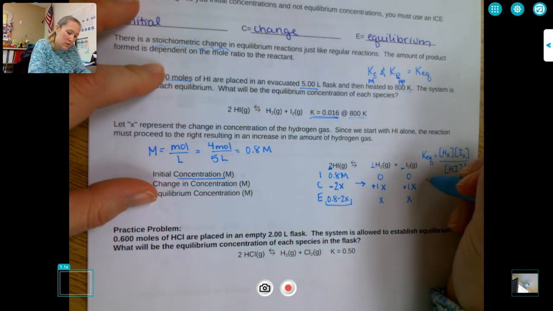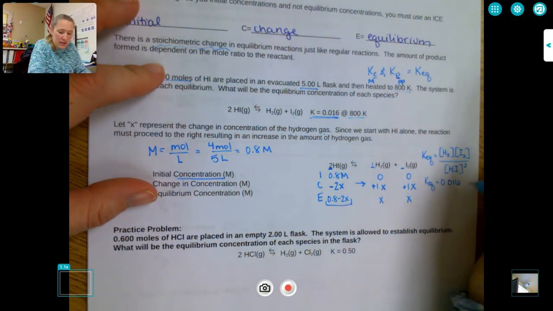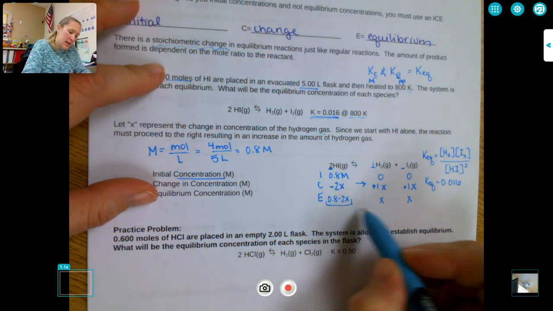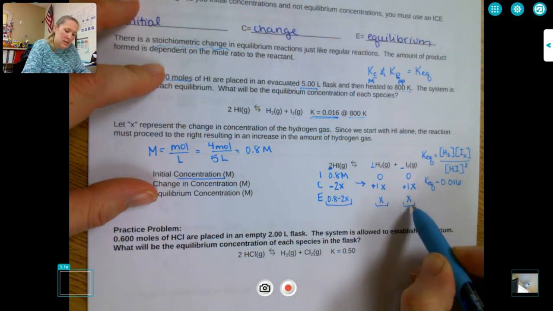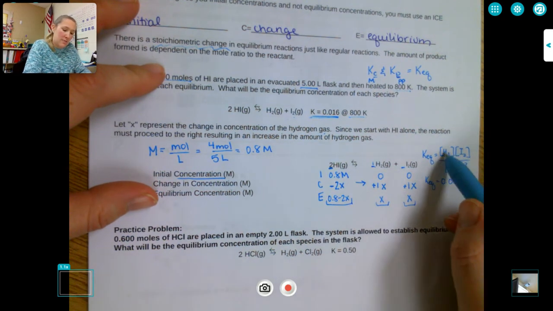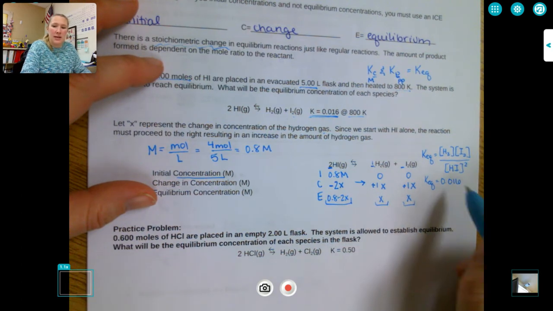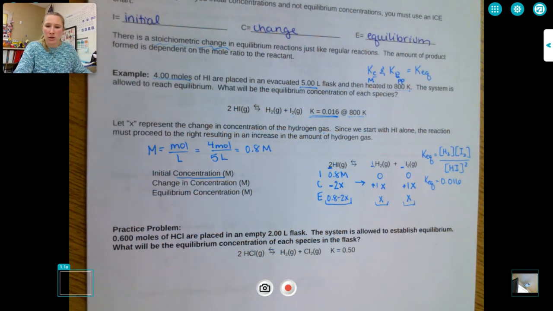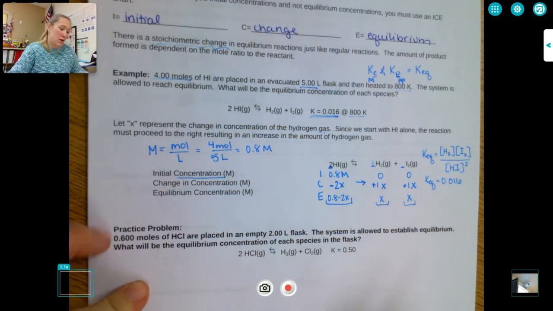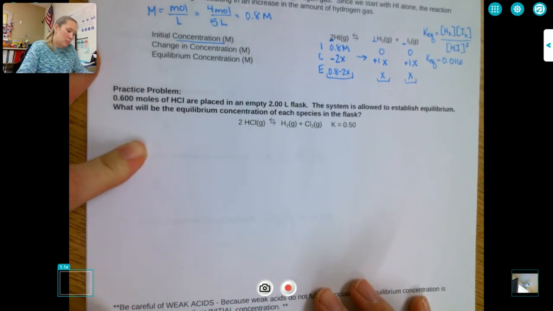We know that this equals 0.016. So by plugging in each of these variable expressions for our concentrations, we can solve for x, and then we can figure out what their equilibrium concentrations are. Well, let's go ahead and do that here in this practice problem.